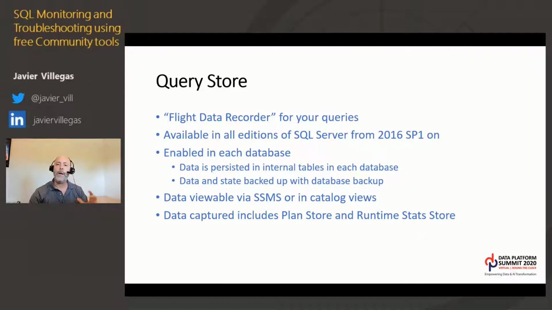Basically, when we enable it per user database, what this is going to do is within the database store all the runtime statistics, all the plan changes, and also the information about waits.